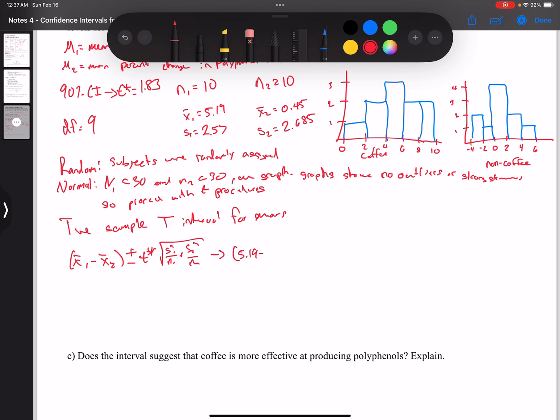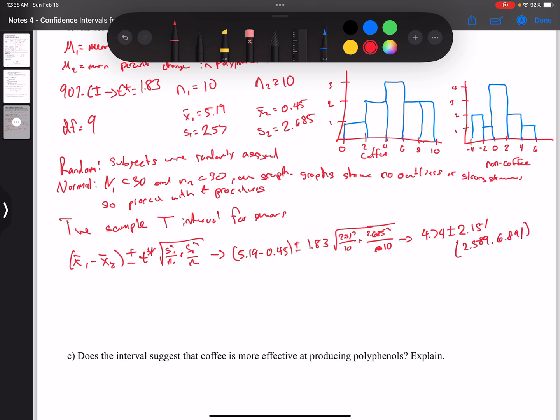We get 5.19 minus 0.45 plus or minus t star times the square root of 2.57 squared over 10 plus 2.685 squared over 10. Which gives us 4.74 plus or minus 2.151, or as an actual interval, 2.589 to 6.891.